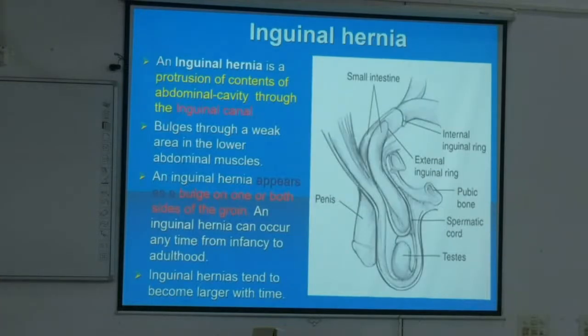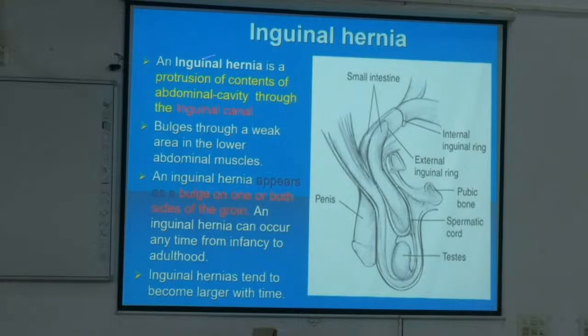Next. So, inguinal hernia is protrusion of contents of abdominal cavity through the inguinal canal. See, this gut is entering through the deep inguinal ring, passing through the inguinal canal and entering into the upper part of the scrotum. There will be swelling in this patient in the inguinoscrotal region, and the swelling increases during coughing. So we have to check.